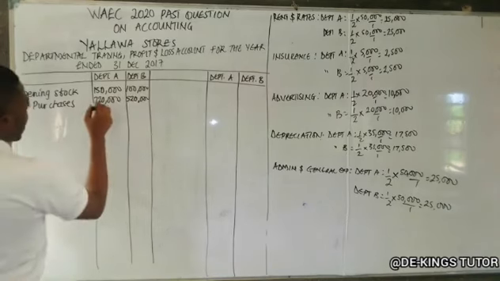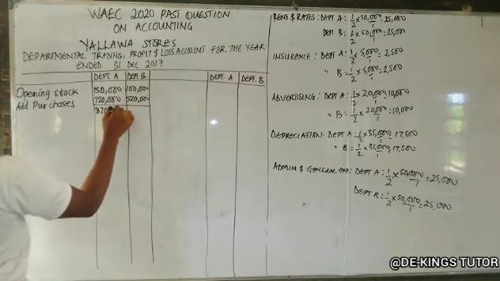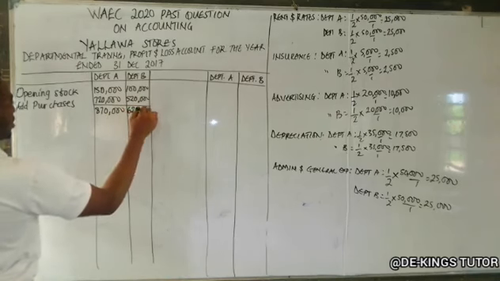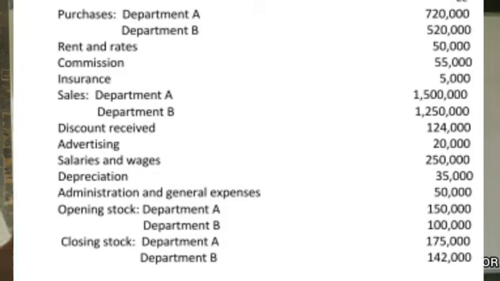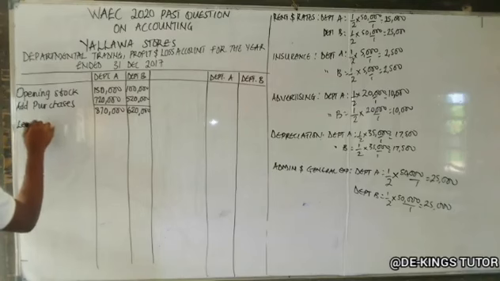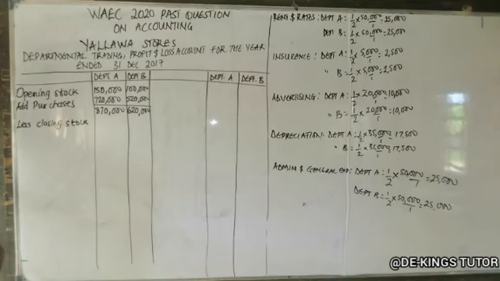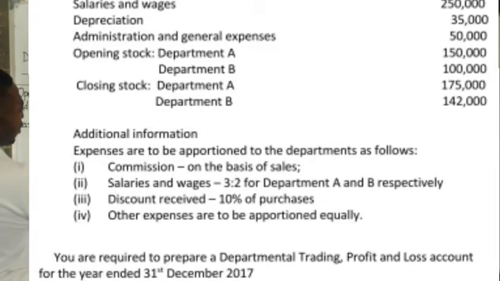Okay, so if you add them together, this plus this will give us 870,000, and this will give us 620,000. So we check if there is carriage inward, but there is none. Check if there is return outward. There is none. So let's do our closing stock. In the question there, closing stock has two departments also, Department A and B. Department A is 175,000, while Department B is 142,000.